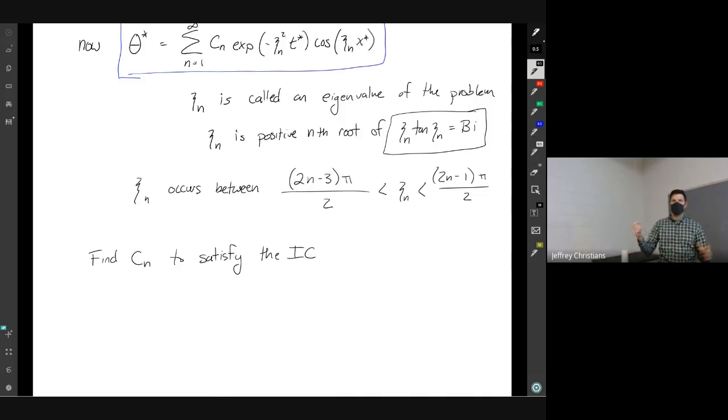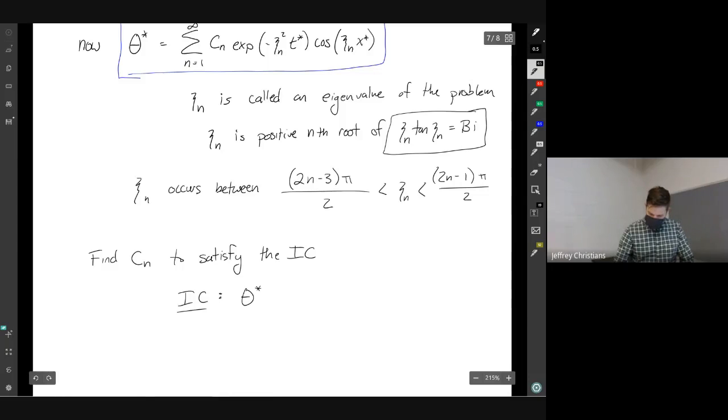But if our initial condition is that there's a constant temperature everywhere, so our initial condition was that theta star of 0 and x star initially was equal to 1, this gives us a value of Cn.